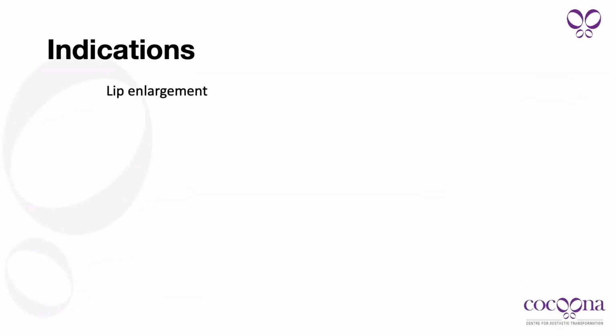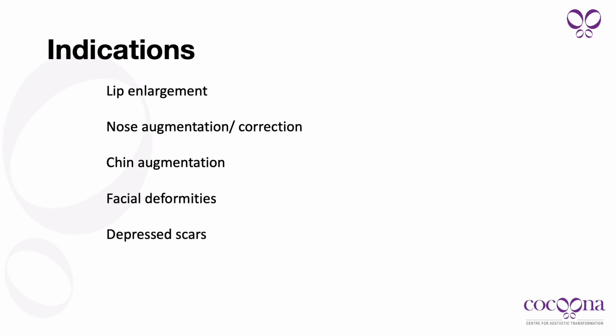There are other indications as well. Yet another popular indication is lip enlargement, then nose augmentation or correction, chin augmentation, some facial deformities, depressed scars, hand rejuvenation, buttock augmentation, and so on.